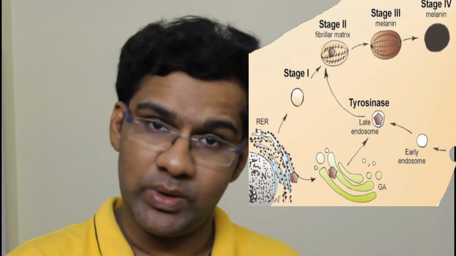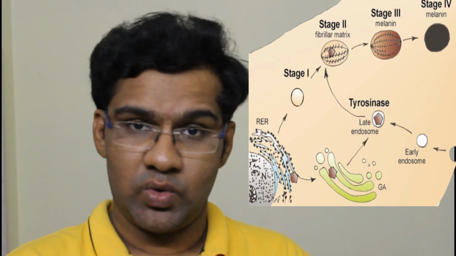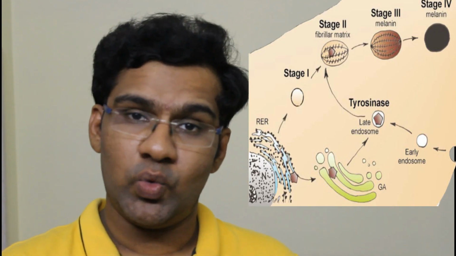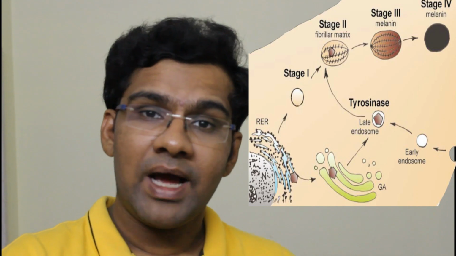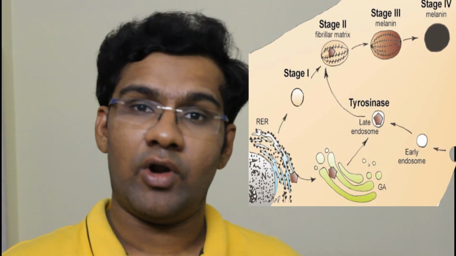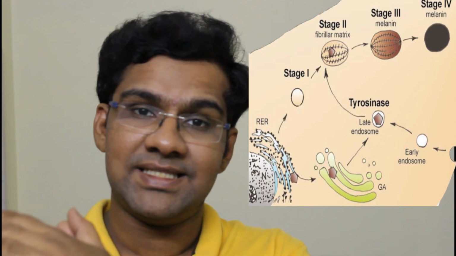They need a sugar to be added to reach a fully active state. So after being produced from the ribosomes, they pass through the rough endoplasmic reticulum and Golgi complex, and they undergo transformation, following which they get added to the matrix proteins, which leads to melanin synthesis.